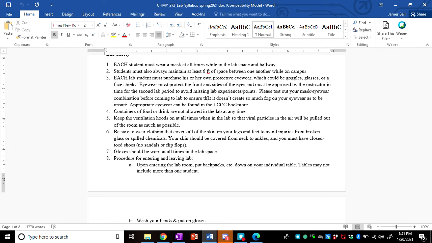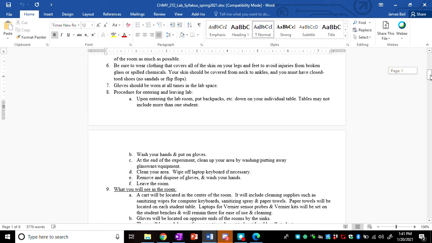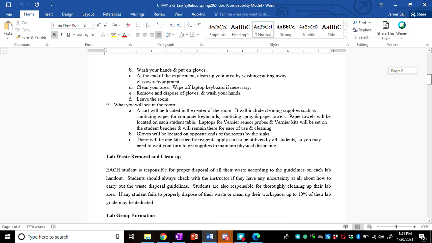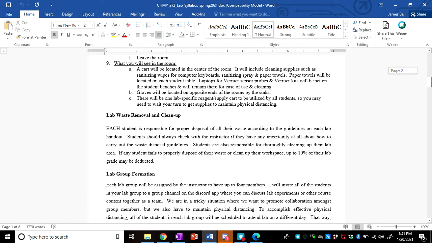It's nice that the hoods are there because the ventilation can pull the air out of the room and prevent viral particles from building up in the air, but we still want you to be distancing as much as possible. We don't want anyone transmitting COVID while in the lab, so we want to follow these guidelines to the letter whenever possible.